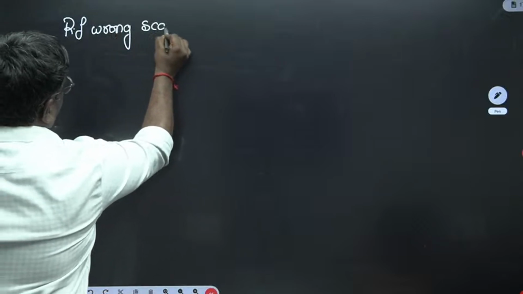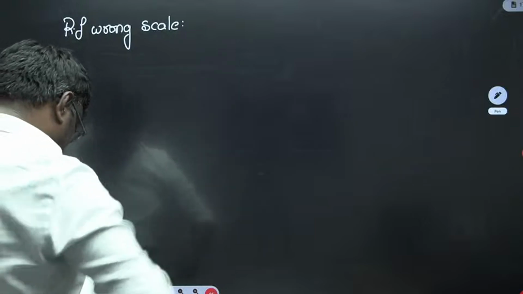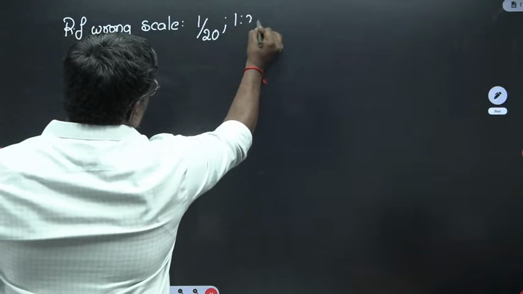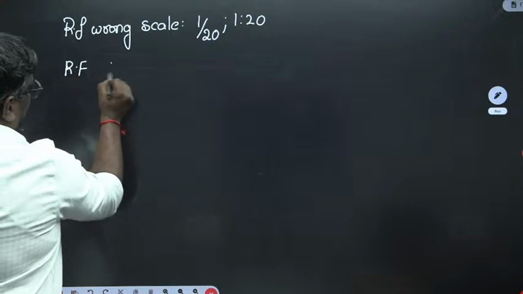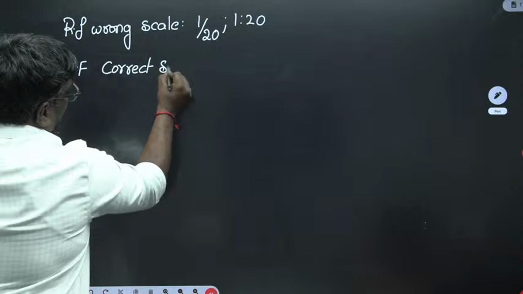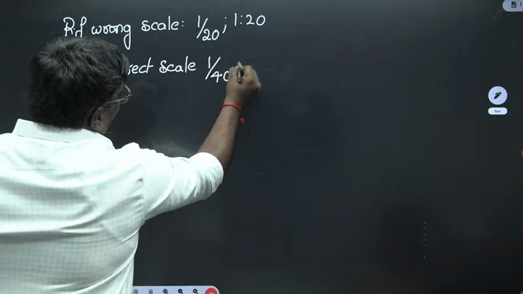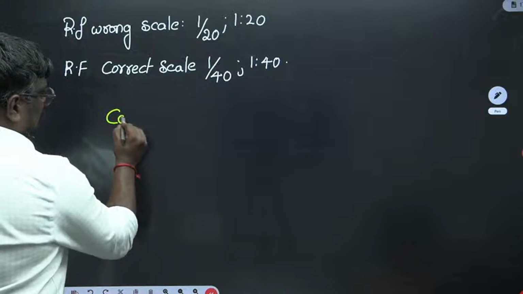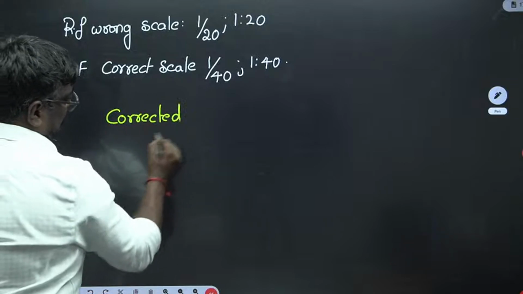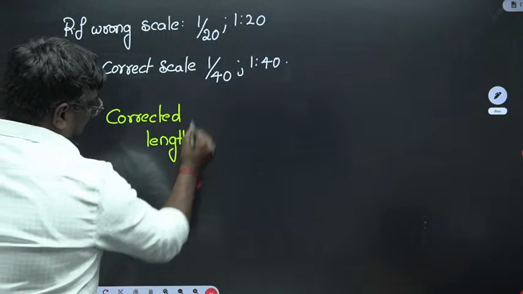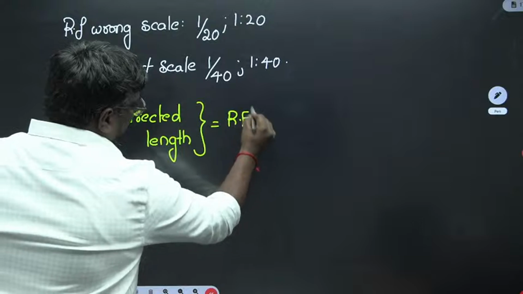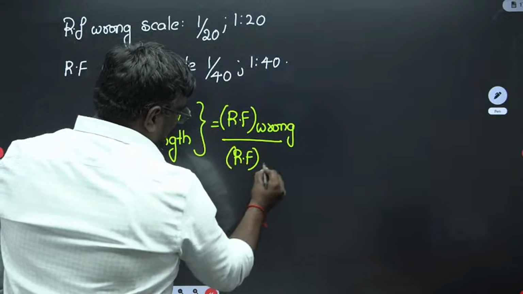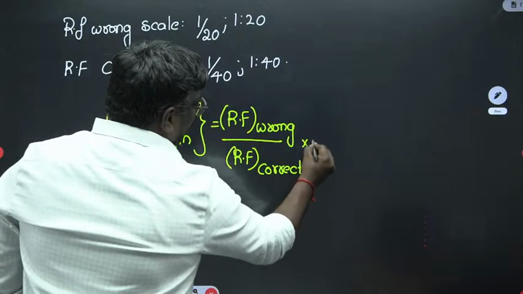The RF of wrong scale is given as 1:20. Similarly, the RF of correct scale is given as 1:50. Whenever they give this, the corrected length is equal to the RF of wrong scale by the RF of correct scale into the measured length. This is the standard formula.